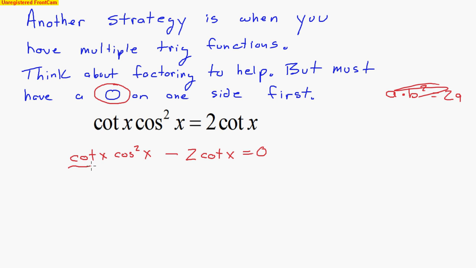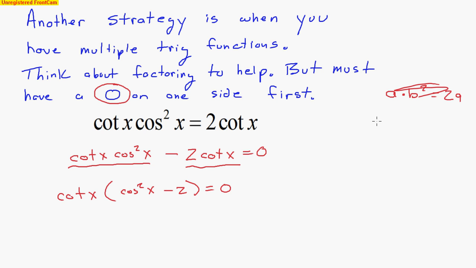So I have this first term right here, cotangent times cosine squared, and I have this back term right here, 2 cotangent x. So I notice that there's something common between both terms. There's a cotangent of x that's common. So I can actually factor out that cotangent, and I get cosine squared of x minus 2 left over. If you don't believe me, just distribute the cotangent to see that I do end up at that same answer.